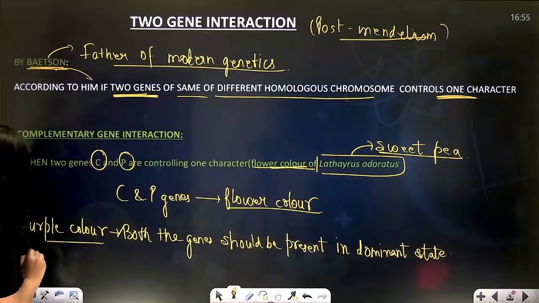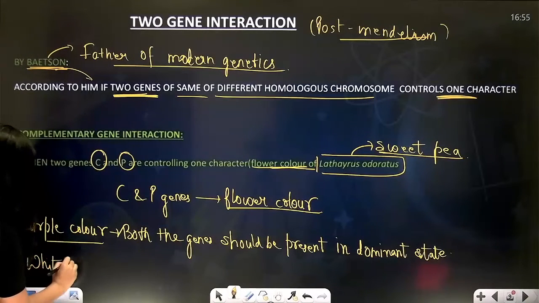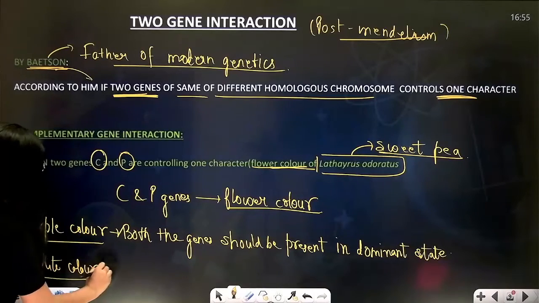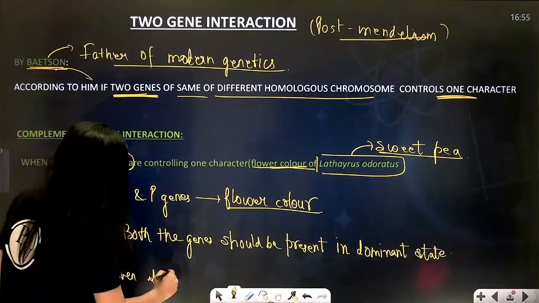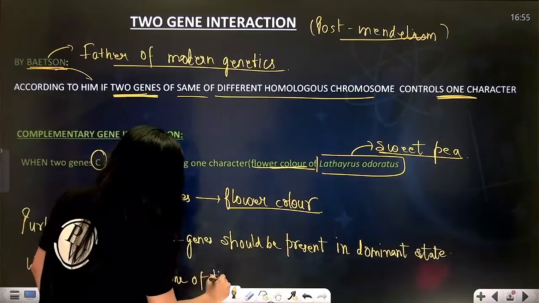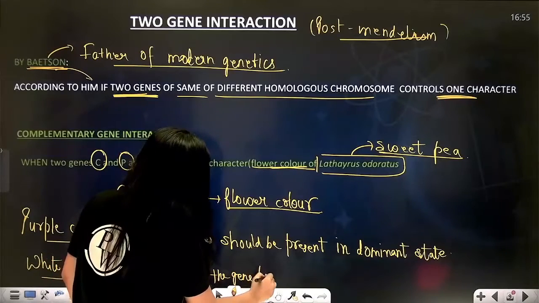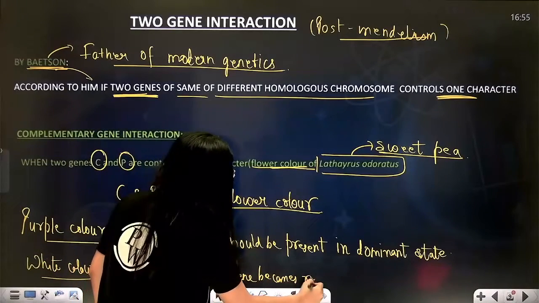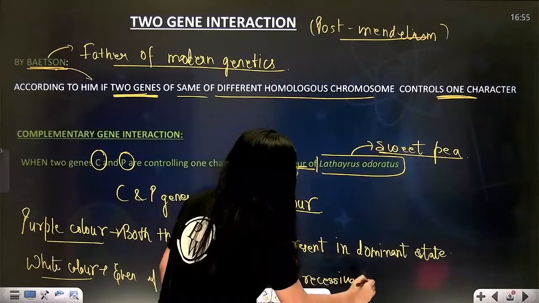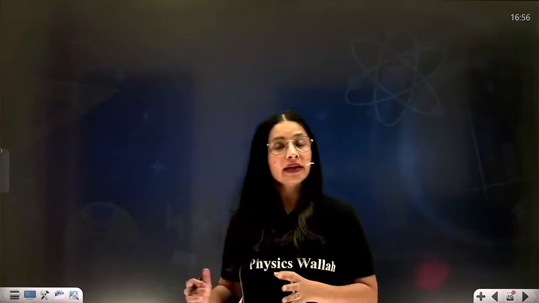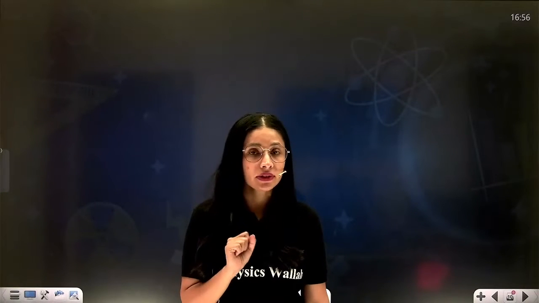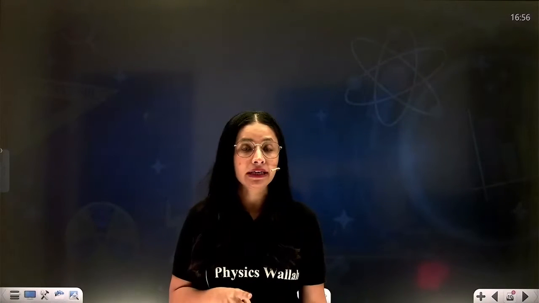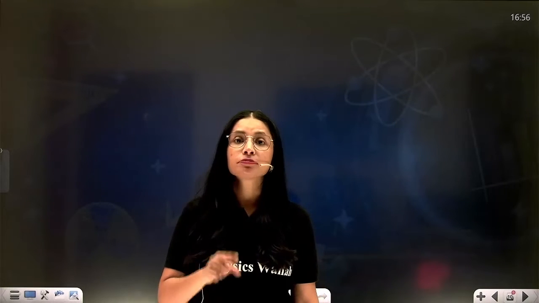Now, even if one of the genes becomes recessive, then the flower color changes to white. Why? Because to bring purple color, a pigment called anthocyanin is required, and production of this pigment is dependent upon the availability of protein synthesized by both the genes.